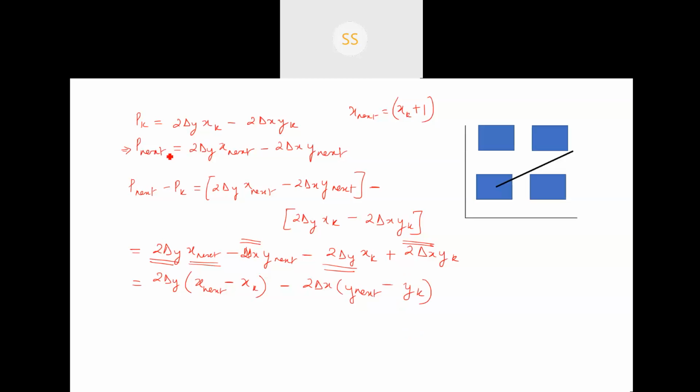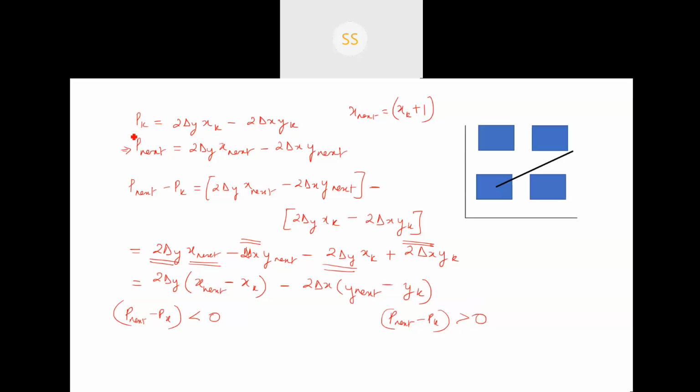Now this p next minus pk, that is my updation value. My updation value can have a value which is less than 0, or I can have my p next minus pk value to be greater than 0. I said that pk has to be updated by some value so as to get the next value, that is p next.